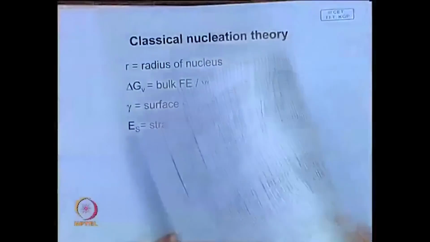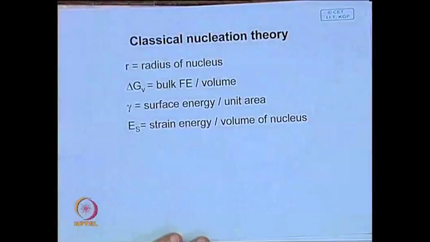Now, let us look at classical nucleation theory. As we go through, we will find that when we look in an optical microscope, after aging there is no precipitate.